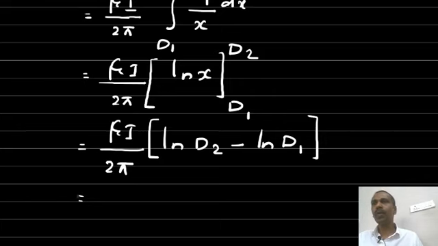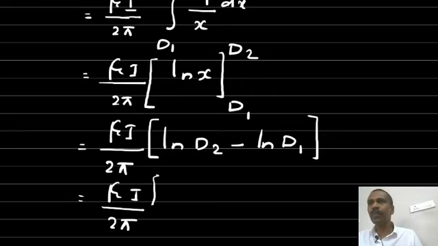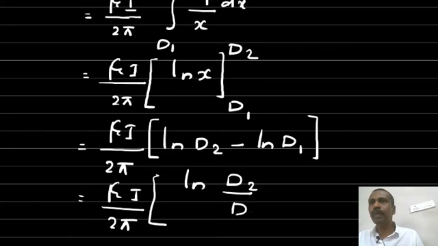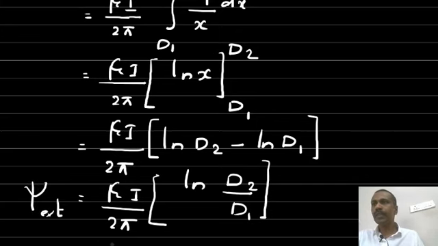So this is in the form of log a minus log b. So you can write this as mu I divided by 2 pi into, log a minus log b is equal to log a by b, so natural logarithm d2 by d1. This is the total external flux linkage. This is a general expression to find the external flux linkage between the 2 points d1 and d2.